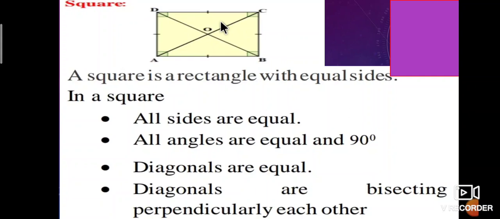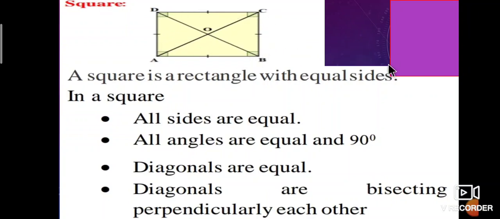Observe here, ABCD is a square. The marks here indicate that all sides are equal, and this mark indicates that all angles are equal. Such a quadrilateral is called a square.